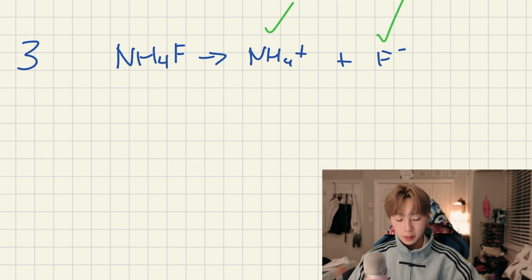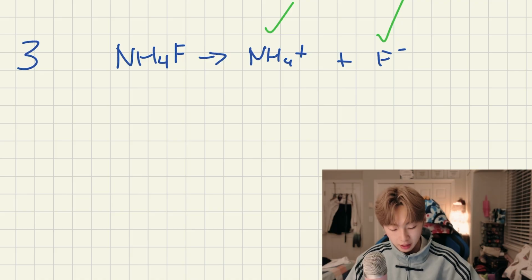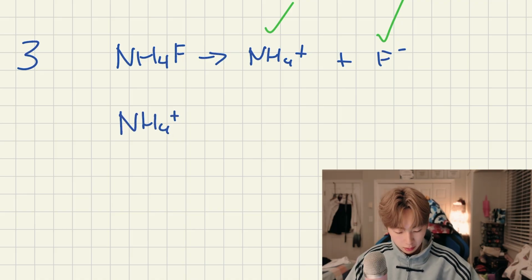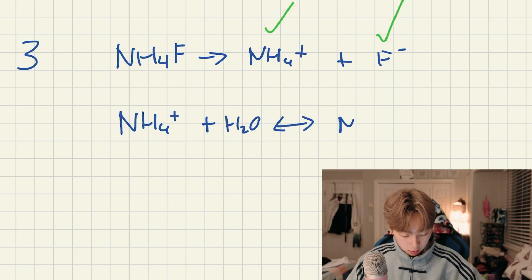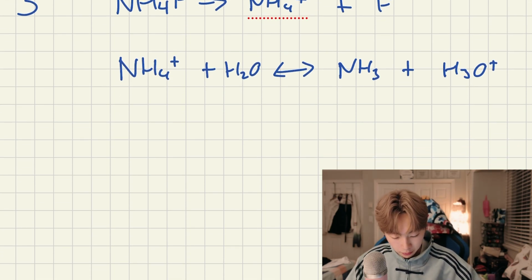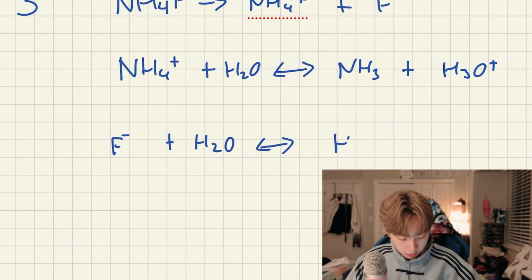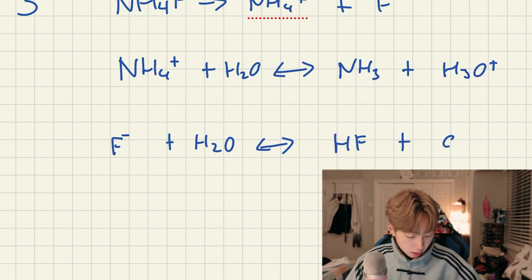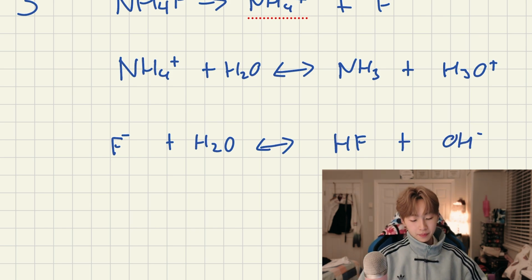And now we have two separate reactions happening at the same time. Our first one is our NH4+ reacting with water to form NH3 and hydronium, creating acid. And at the same time, we have our F- reacting with water to form HF and OH-, which is basic.